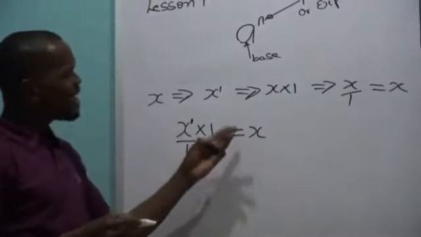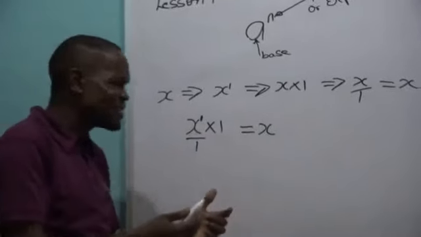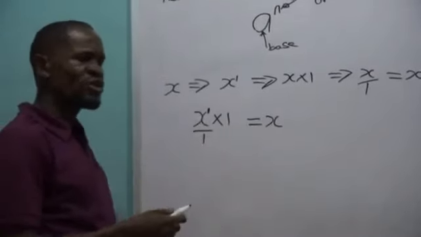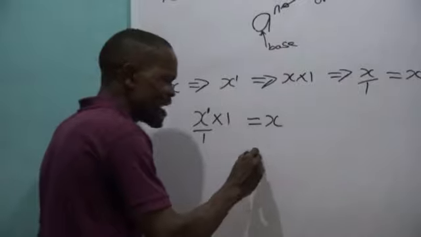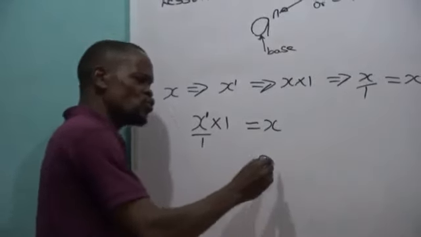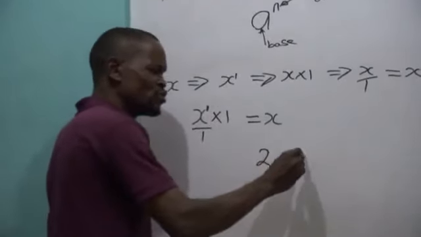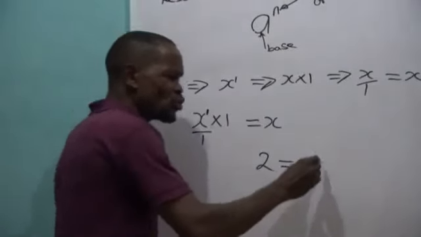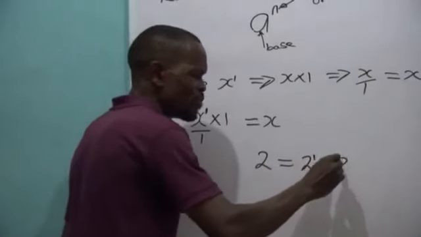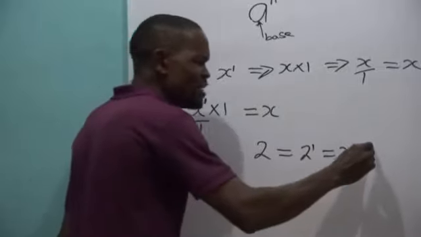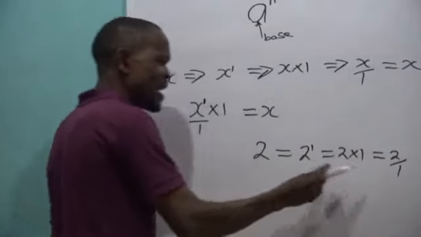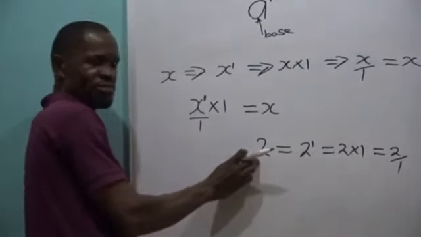X. So anytime I write a term, I know that this surrounds that term. For instance, if I write 2, inside my brain, I know that this 2 is raised to power 1. I know that this 2 is multiplied by 1. And I know that this 2 is also divided by 1. And the answer is 2. Do you get what I'm saying now?